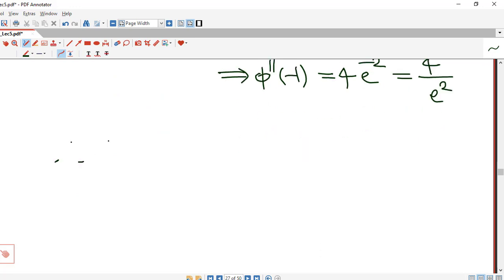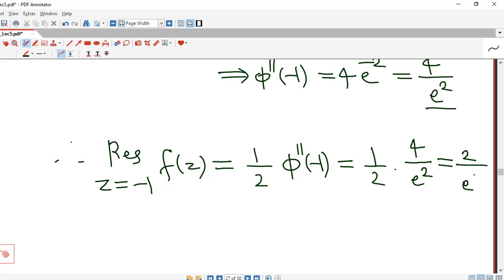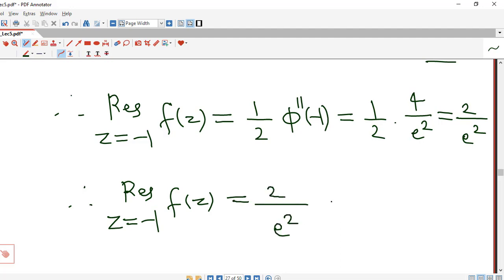So therefore the residue of f(z) at z = -1 equals 1/2 into phi''(-1), that is 1/2 times 4 divided by e squared, that is 2 divided by e squared. So this is the residue of the given function f(z) at z = -1, 2 divided by e squared, which we denote by say capital B.